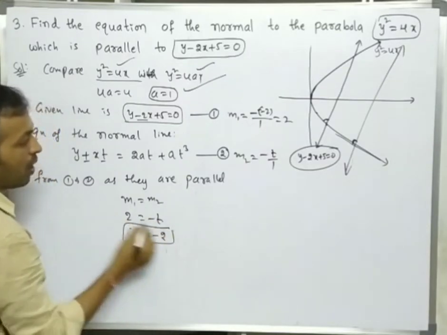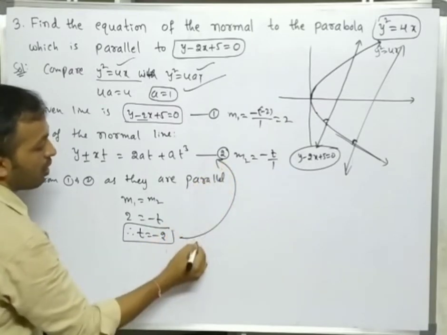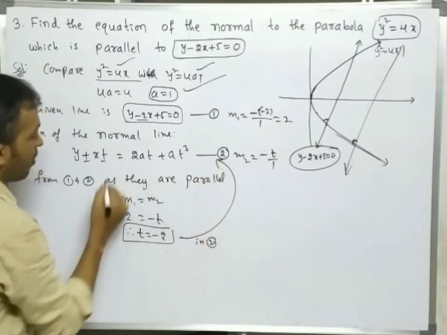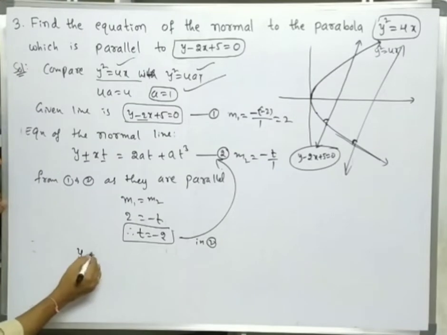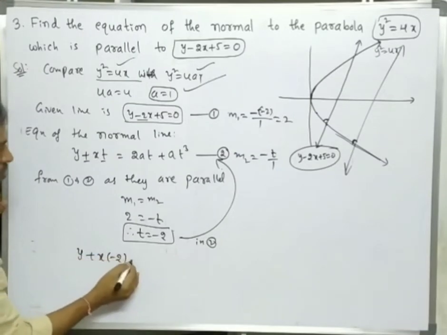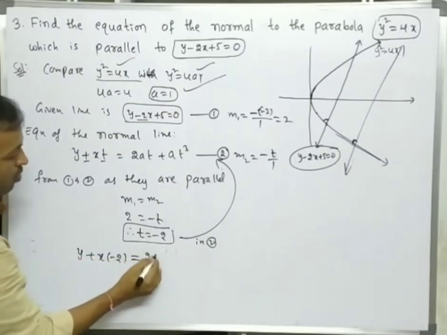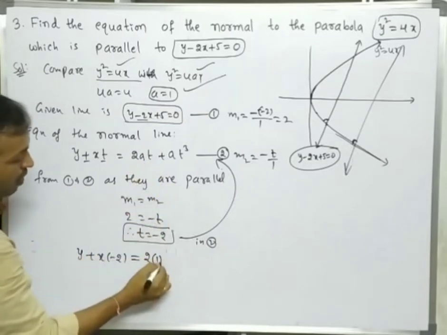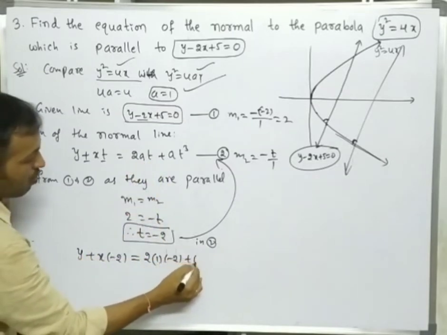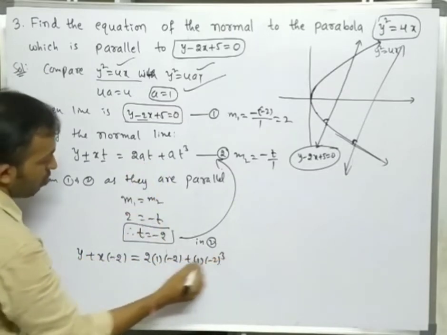So we got the t value. Substitute the t value in equation 2. We will get y plus x into minus 2 is equal to 2 into 1 into minus 2 plus 1 into minus 2 whole cube.